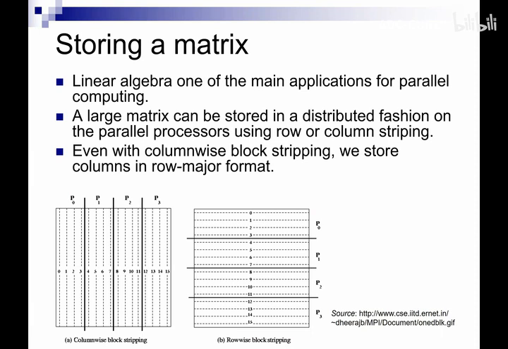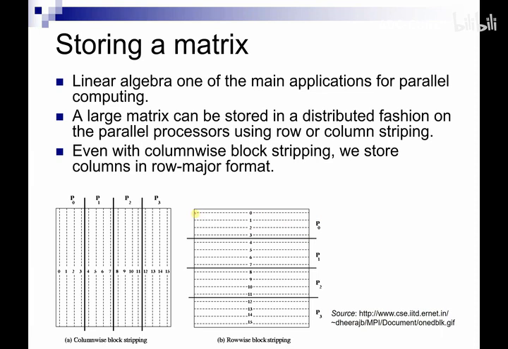Now I want to mention that each process is going to get a subset of either the rows or columns. But we still have to organize the data from the subset in some manner. So, for example, in the row striping, this process P0 has the first 4 rows, but how are these rows represented in P0's memory?